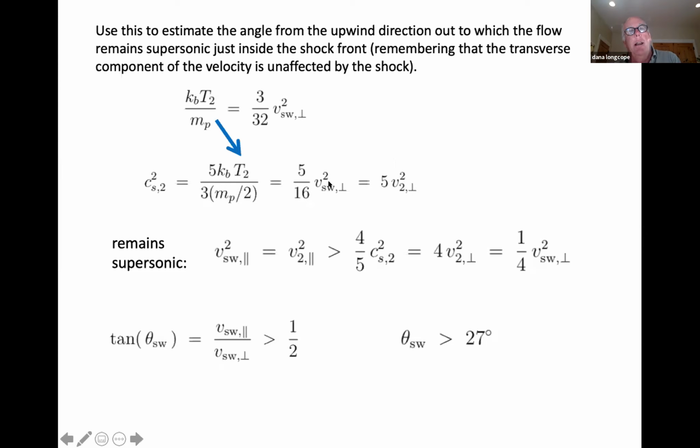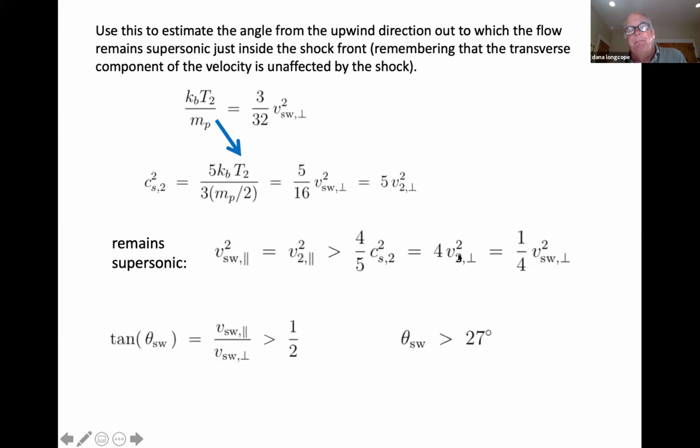And what you want is for the parallel component, which is the same in the solar wind version and the downstream version, to be greater than 4/5, or actually equal to 4/5 if you're just at sonic. So if you add up the perpendicular and the parallel components, you'll get the sound speed, right?